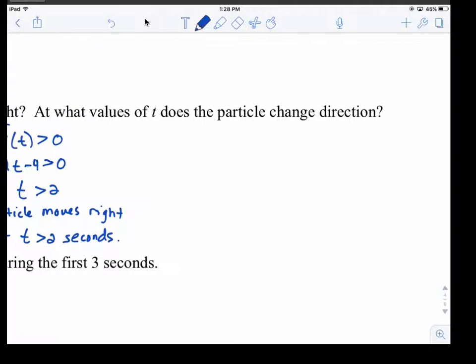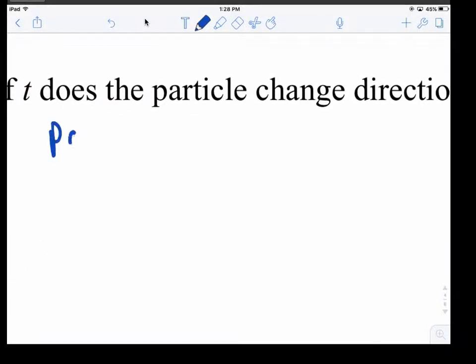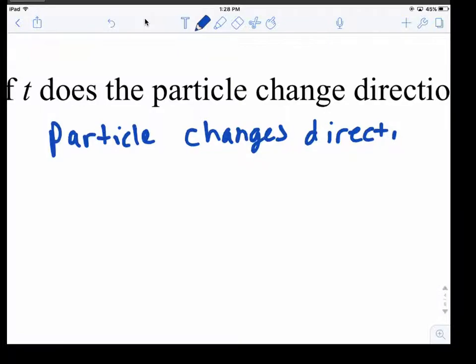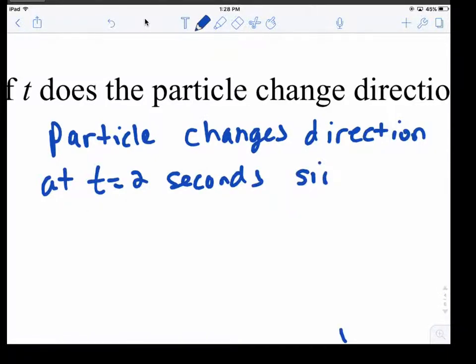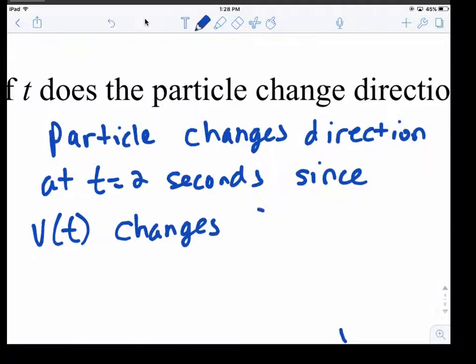All right, so when does the particle change direction? The particle changes direction at t equals 2 seconds, since v of t, the velocity, changes from what to what?